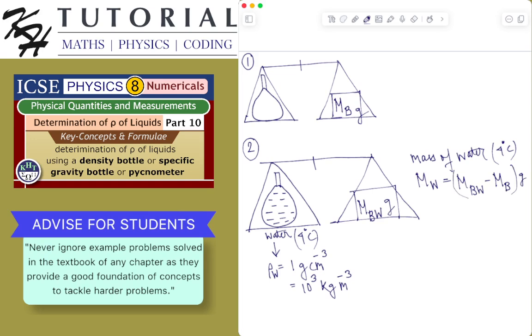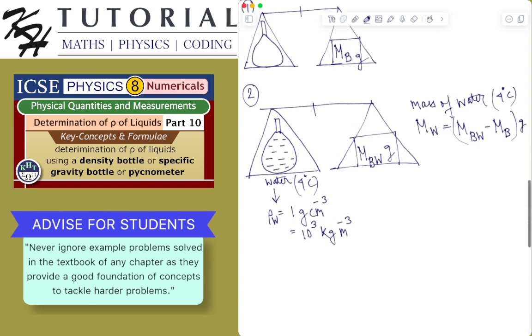So the mass of the water at 4 degrees centigrade, MW, will be MBW minus MB.